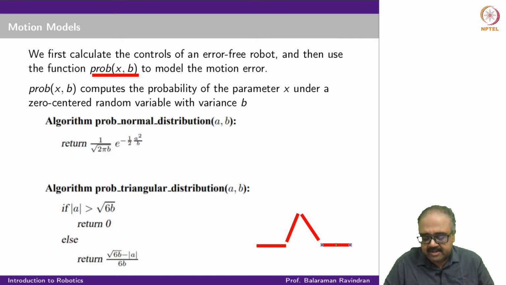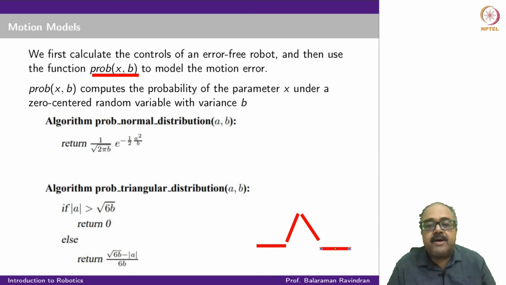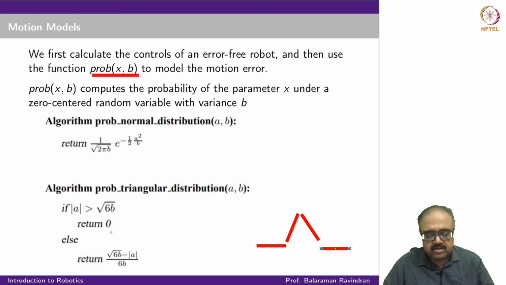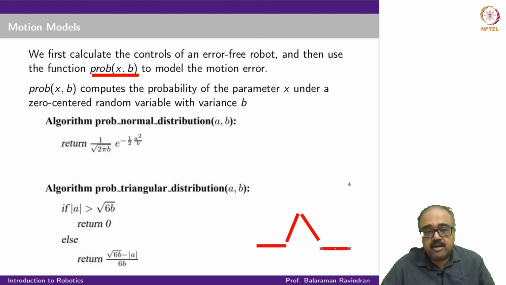This would be the 0 mean part, where you have the highest probability, and then you have the linear decay on both sides, and outside of a certain range the probability would be 0 as indicated here. So, this is called the triangular distribution. You could use either the normal distribution, which we have seen multiple times in the past, or the triangular distribution. Okay. Does that make sense?